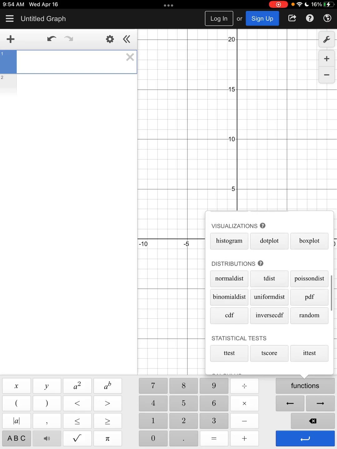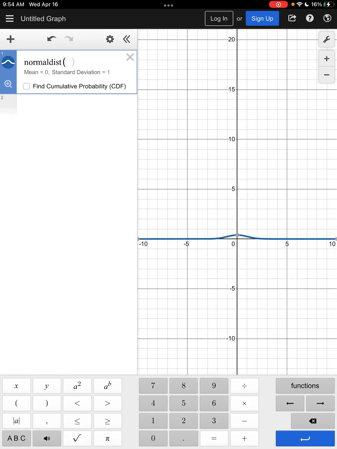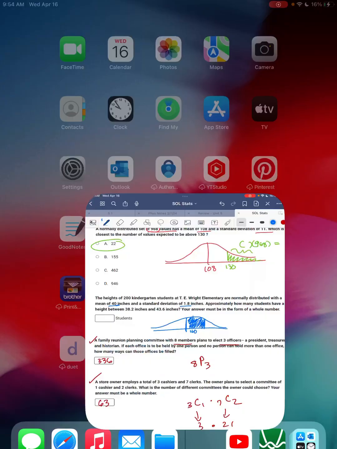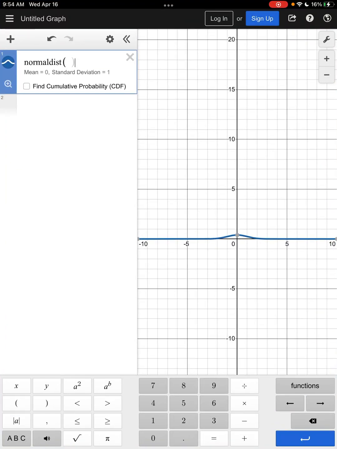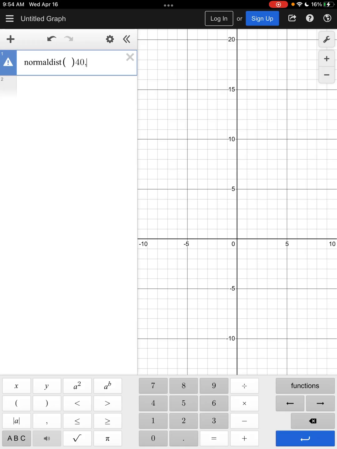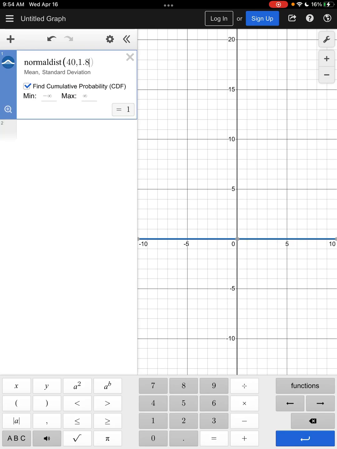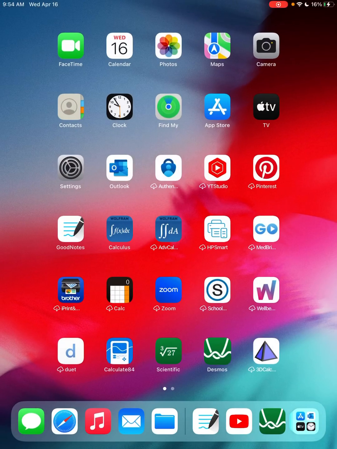So functions, distributions, oh God, I already forgot. 40, comma, 1.8. And we want to find this min and max.